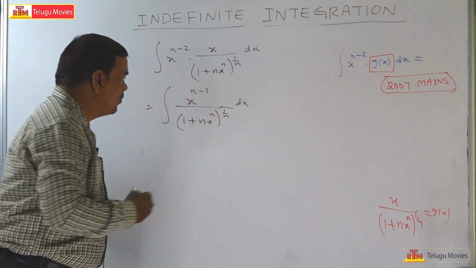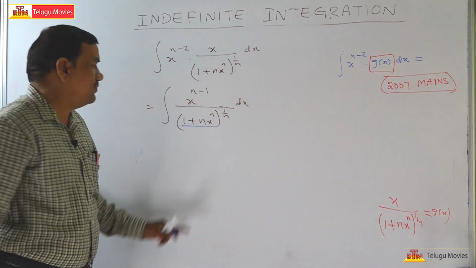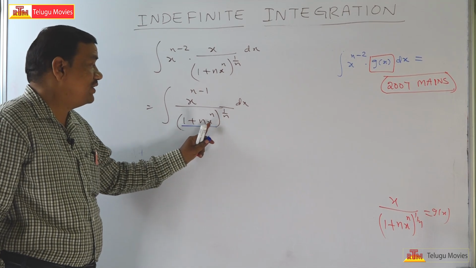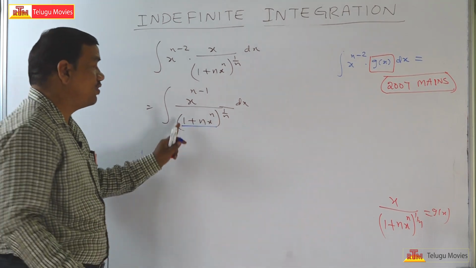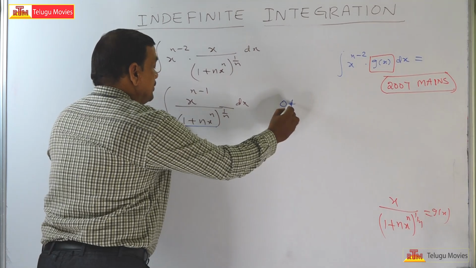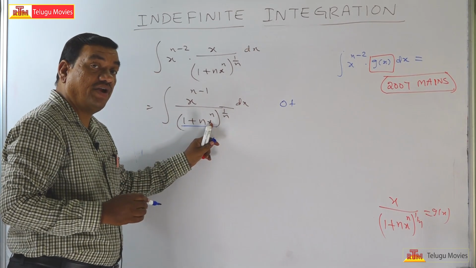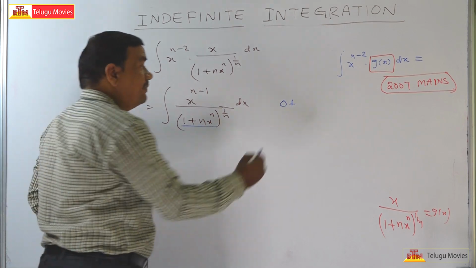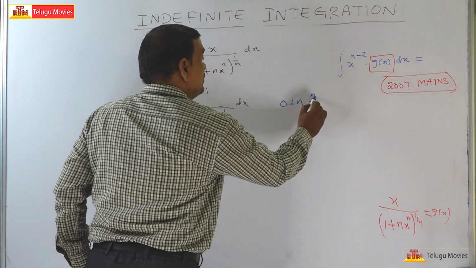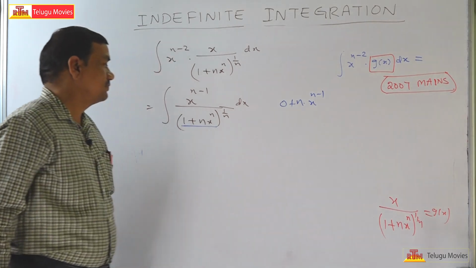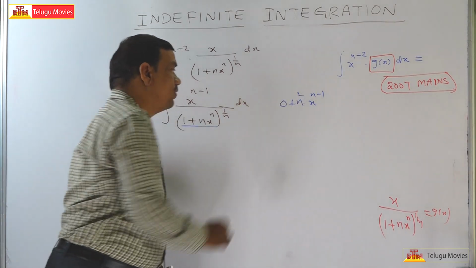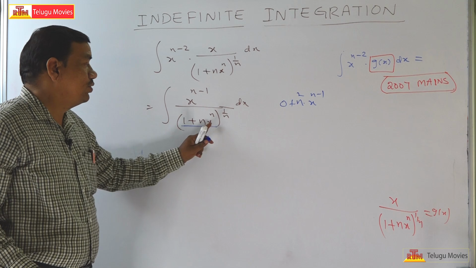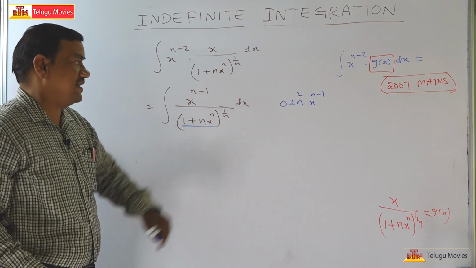What is the derivative of 1 plus n into x to the power of n? The derivative of 1 is 0. The derivative of x power n is n into x to the power of n minus 1. Already n is there, that means n square into x power n minus 1.